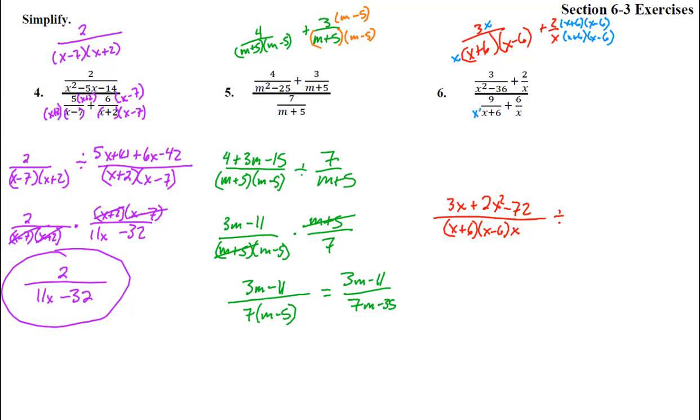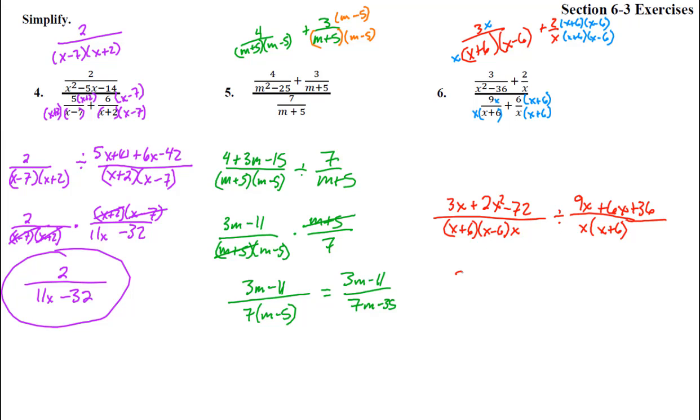We need to times this guy by x, and this guy by x plus 6, and we get divided by, the bottom we get is x plus 6. That's good. Now the top one, 9x right there, plus 6x plus 36. Okay, let's combine like terms and flip, and let's see what we get.